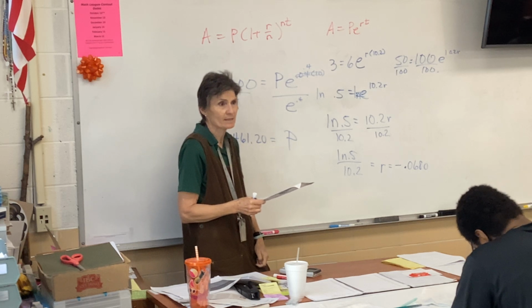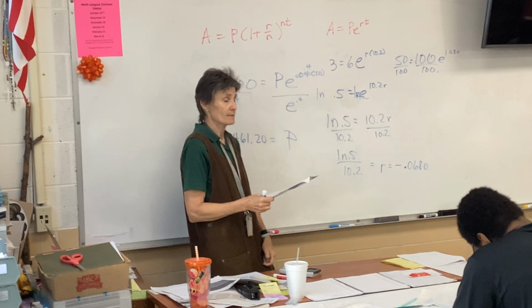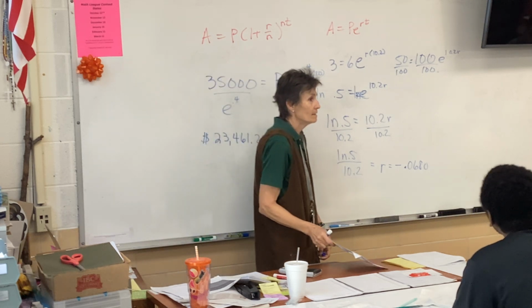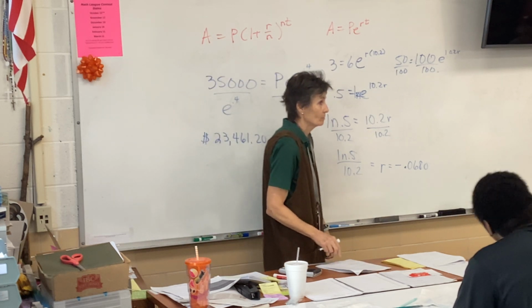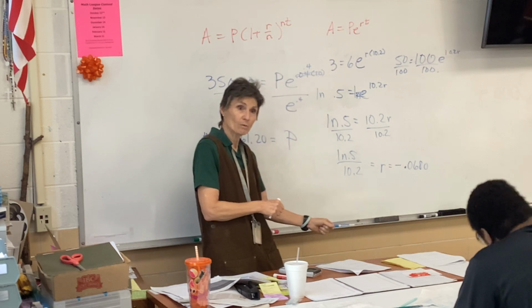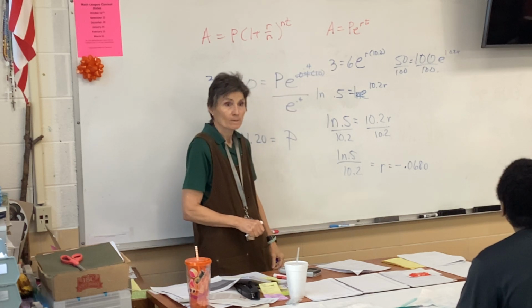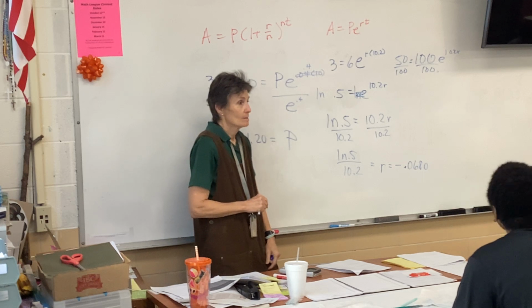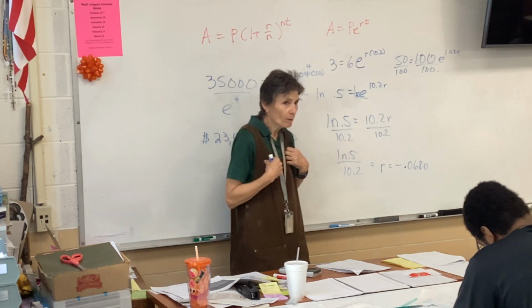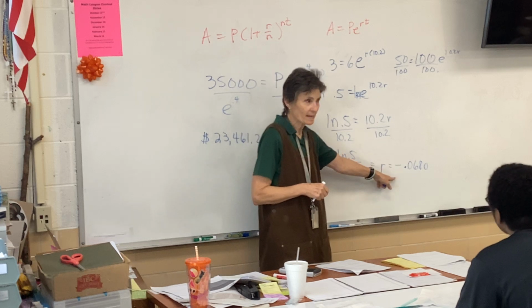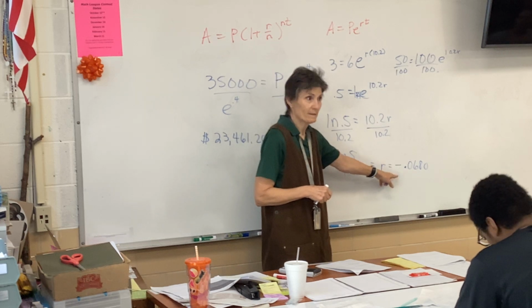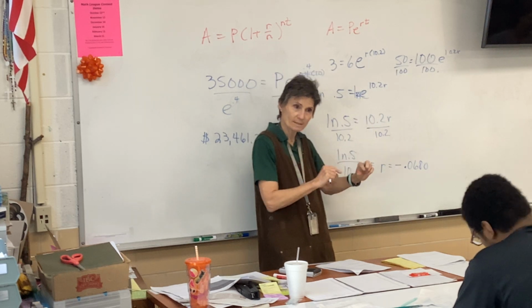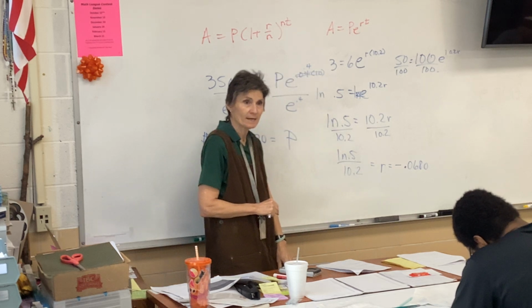Does that make sense? Yes, because what's decay? Negative growth, right? Isn't it backwards growth? It shrinks. Now, in a money problem, would we ever want that to happen? No, because that would mean your bank account was losing money instead of gaining money.